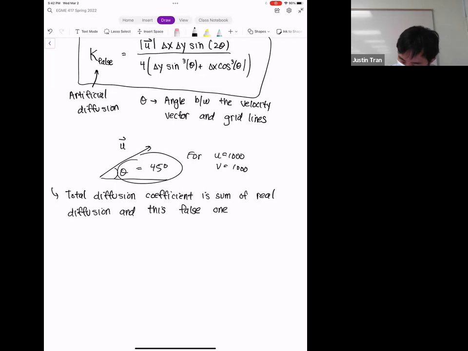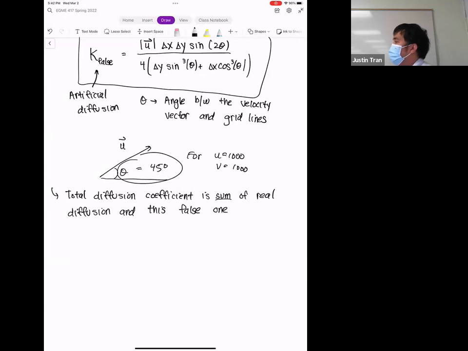And so that's usually not a good thing, because when you're computing solutions to these types of phenomena, you're setting your diffusion coefficient usually with some thought.